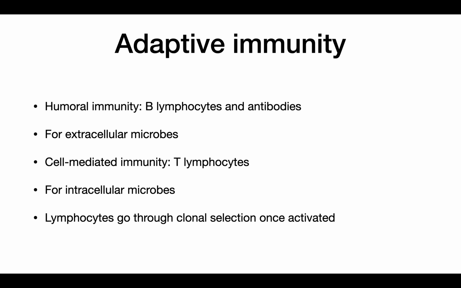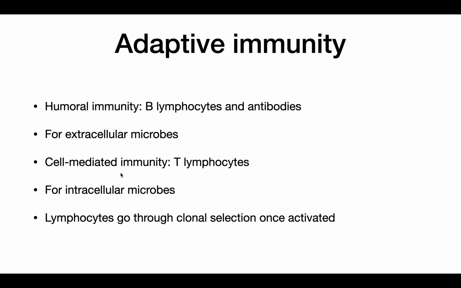Adaptive immunity or cellular immunity is going to involve your B cells and your antibodies. And these are specifically for the extracellular microbes. So this is not going to work for intracellular bugs and viruses in particular. That's why HIV is such a problematic virus.